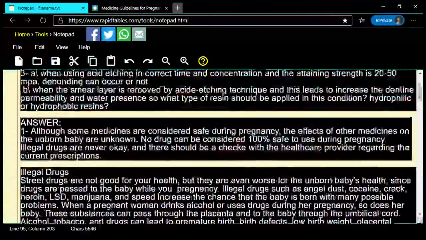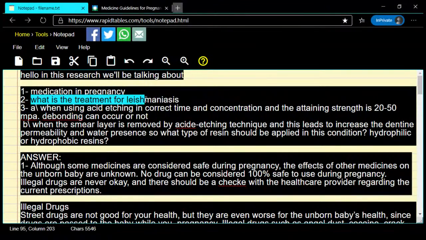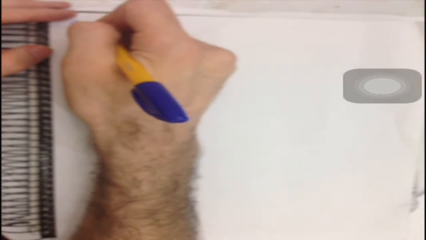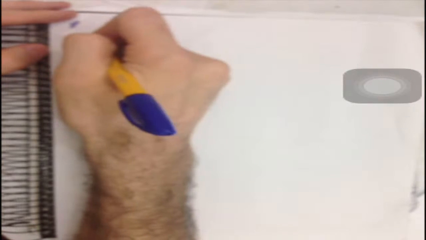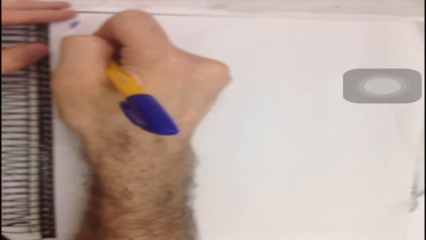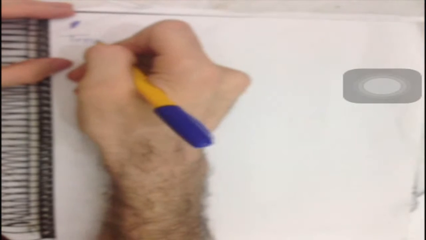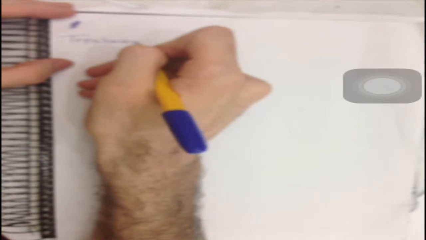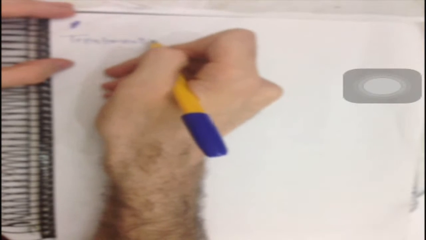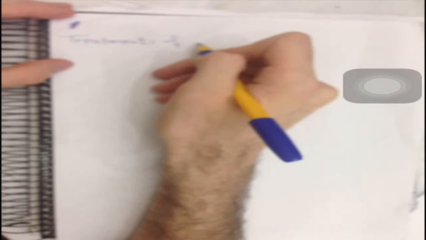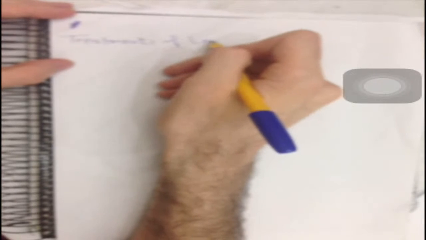The treatment for leishmania, treatment of leishmaniasis.